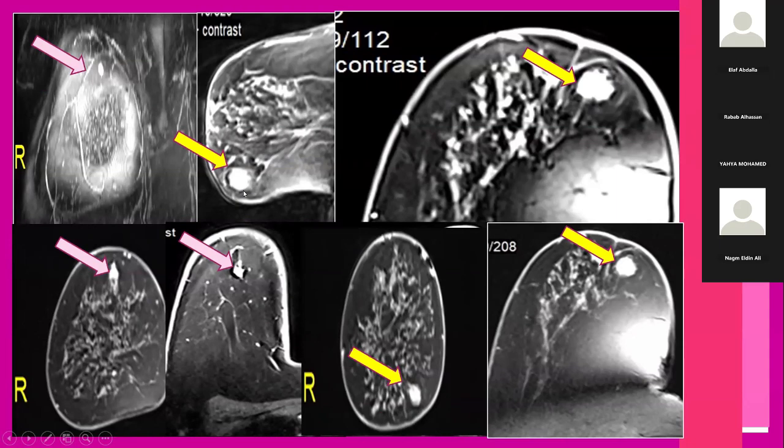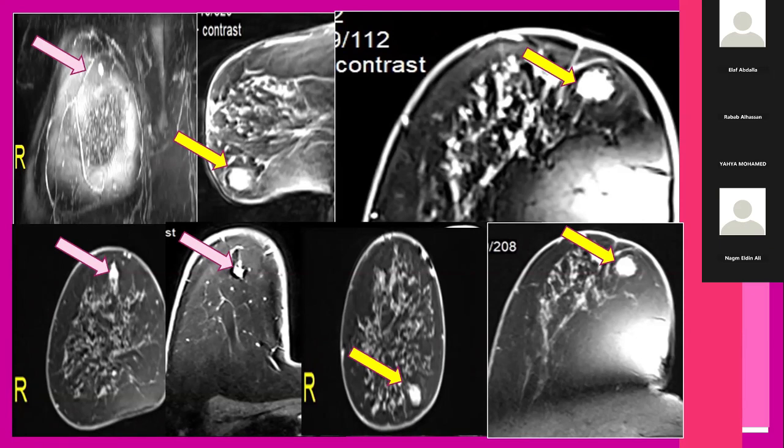So it is a lesion that contains minimal fat but enhances on MRI with a non-circumscribed margin. Still, we report it as BI-RADS 4C for biopsy correlation.